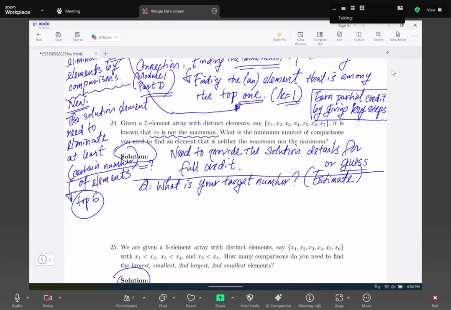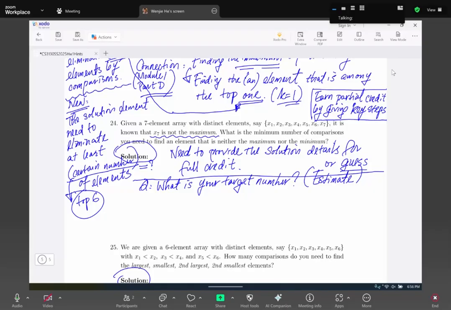Now, when we make a guess, we don't want to make a baseless guess, right? So we need to have some solid base information to help us get a guess. So we need to do some analysis here.